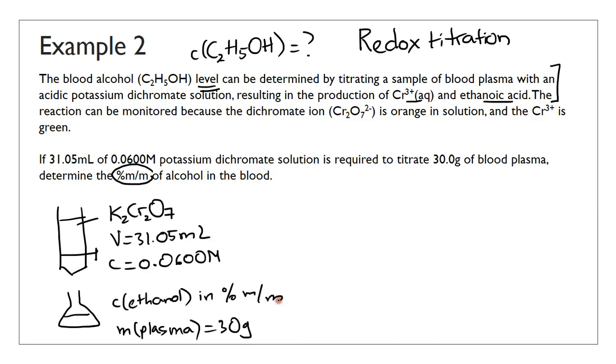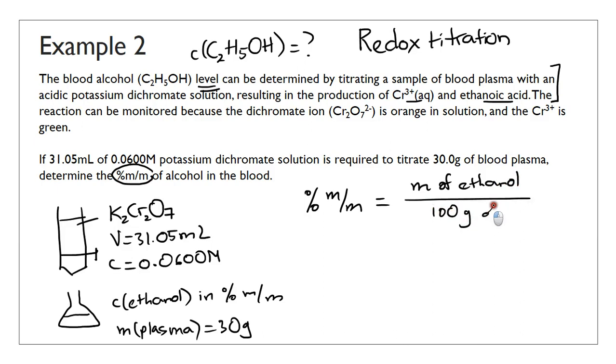In order to determine the concentration of ethanol in percentage mass by mass, I think it's probably a good idea to start with what percentage mass by mass actually means. That's the same as mass of ethanol in 100 grams of plasma, or you just need to find the percentage by mass of ethanol in 30 grams of the plasma.